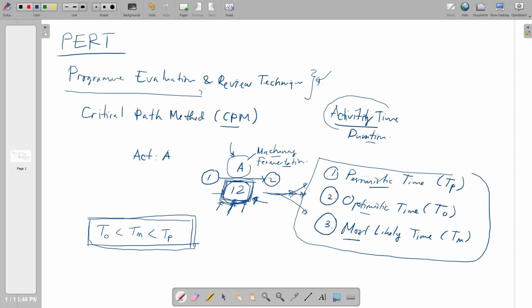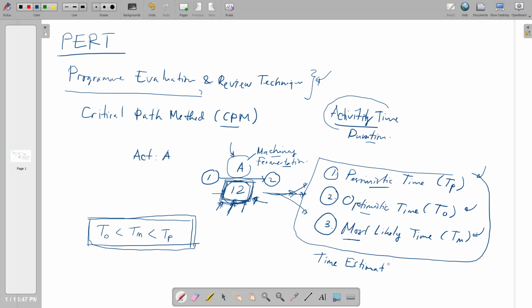and then knowing the completion of the activity like this, the 12 here, you have to change later on the data for the pessimistic time, the optimistic time, and the most likely time into something we call, let's just call it, the time estimate.